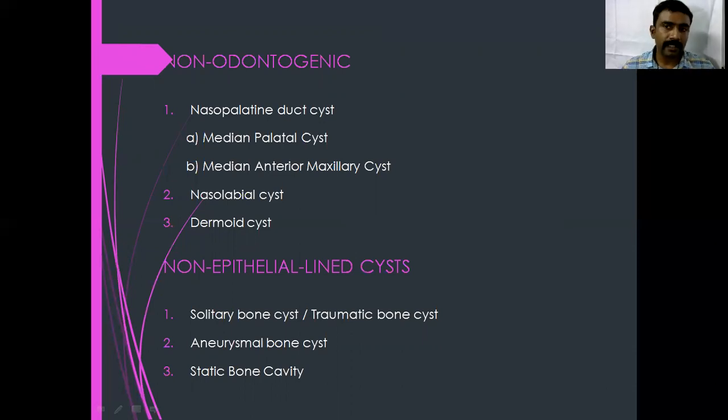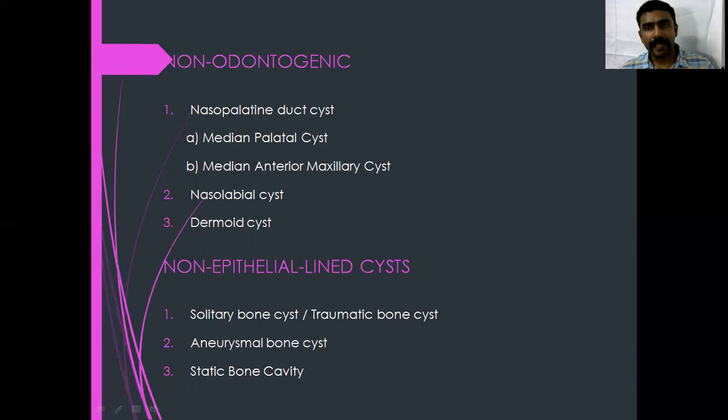The investigations generally used in cysts are radiological investigations, which are OPG and IOPA, which show a bony defect or a well-defined radiolucent area. We can also aspirate the cystic contents and do a protein estimation, where odontogenic keratocyst is one cyst which has less than 4 milligram per deciliter of protein.